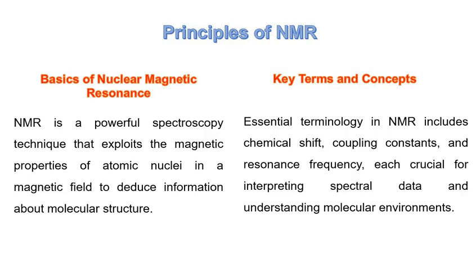Relaxation time, that is T1 and T2, time taken for nuclei to return to equilibrium after excitation. So the essential terminology in NMR includes chemical shift, coupling constants and resonance frequency, each crucial for interpreting spectral data and understanding molecular environments.